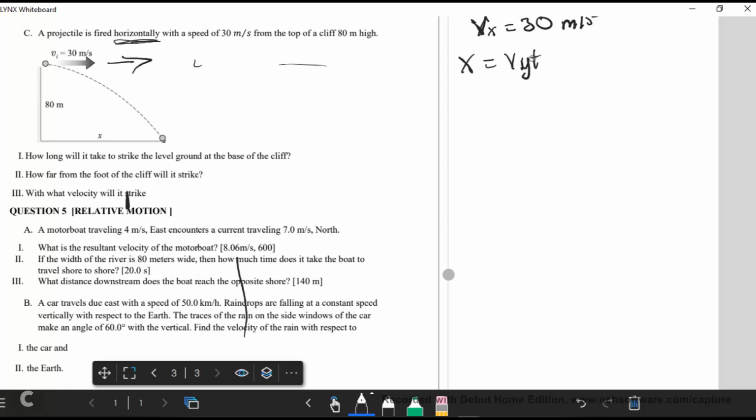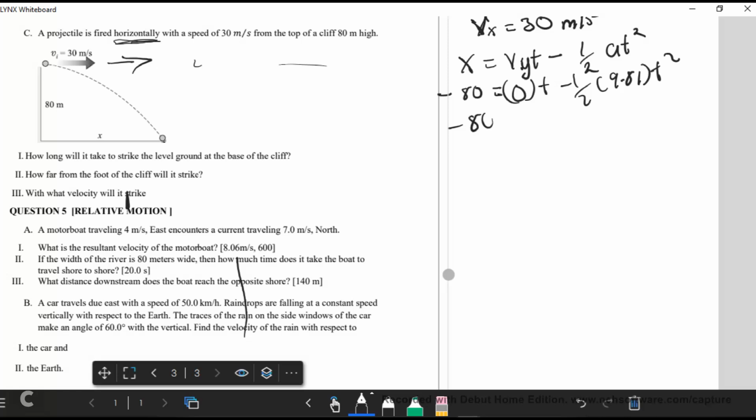Here y is 80, equal to the initial velocity in y, which is 0, because this velocity was just thrown in the x-axis, not in the y-axis, plus 1/2 times g t squared.